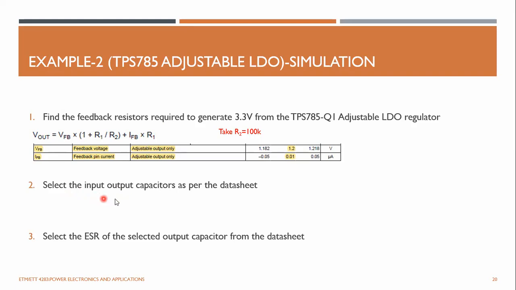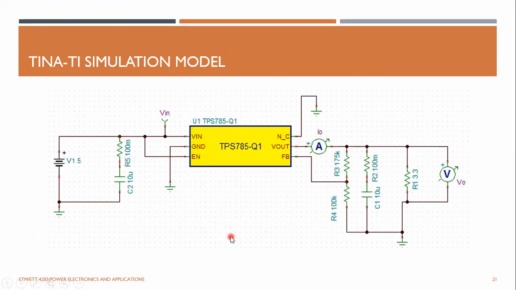You have to pick your input and output capacitors as specified by the datasheet. I have shown you these values, and the ESR also by referring to the datasheet. This is how you're going to build it in TINA-SPICE. Yesterday I shared this IC with you, and this is how you connect the input pin to the supply and your input capacitance.